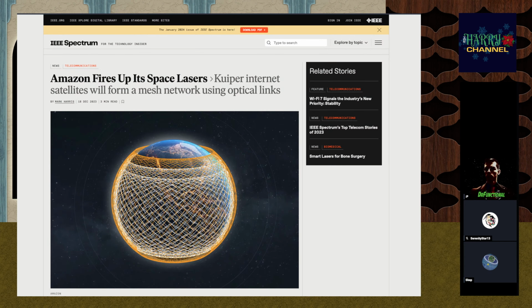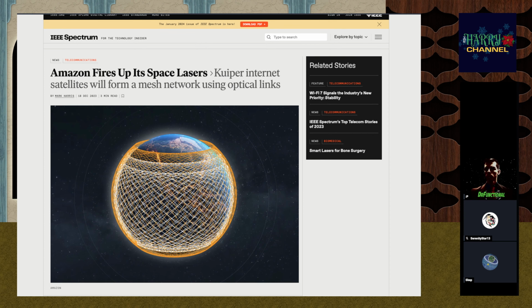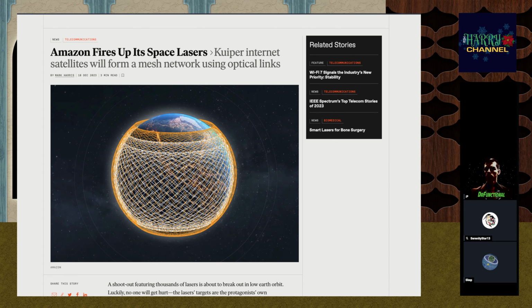Kuiper internet satellites will form a mesh network using optical links between the satellites in the mesh. What? Yeah. Which means that the available bandwidth from these things is actually going to be a lot more.